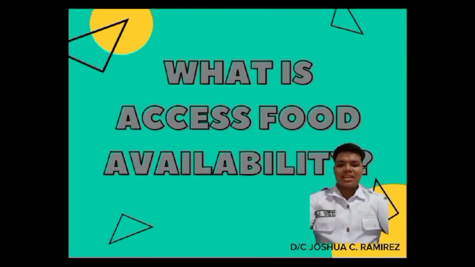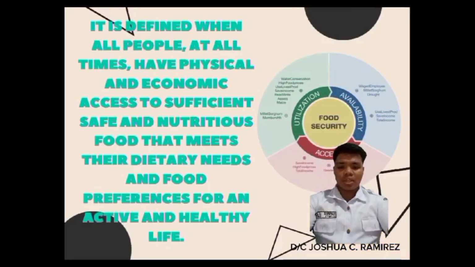So the second is, what is access in food security? Access in the context of food security refers to the ability of individuals and communities to obtain sufficient, safe, and nutritious food. It involves both economic and physical aspects.